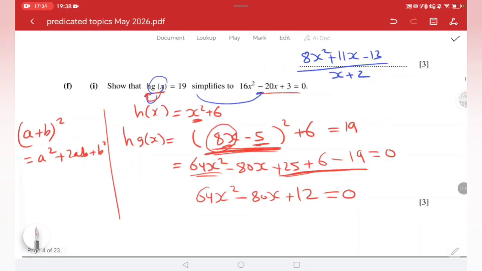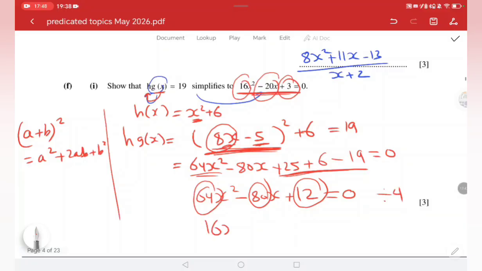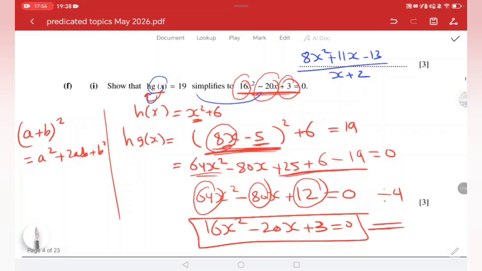Look here, they said show that it simplifies to this one. As you see, here is 3, here is 12, 20, 80, 16, 64. So you just need to divide by 4. If you divide by 4, it will be 16x squared minus 20x plus 3 equals 0. Yeah, so done.